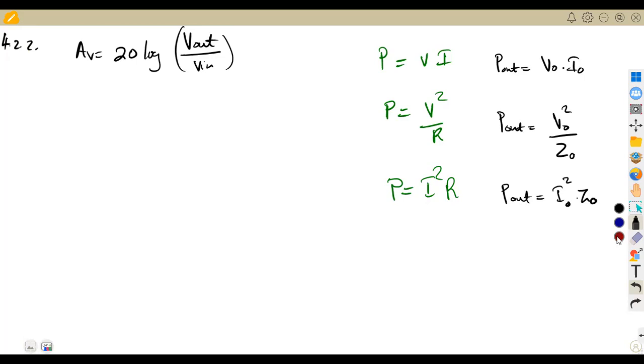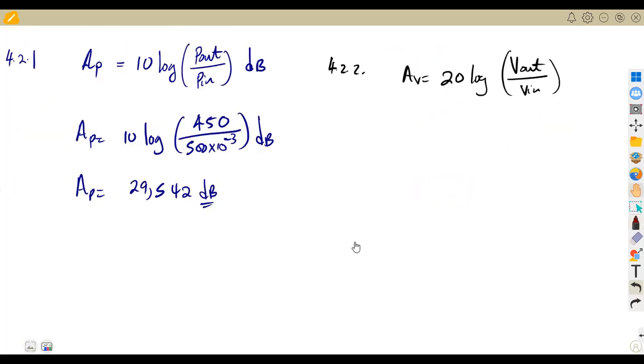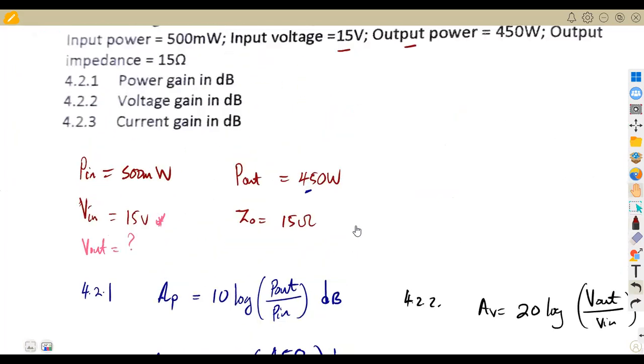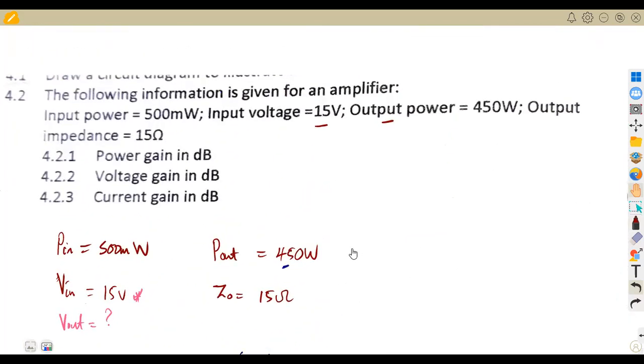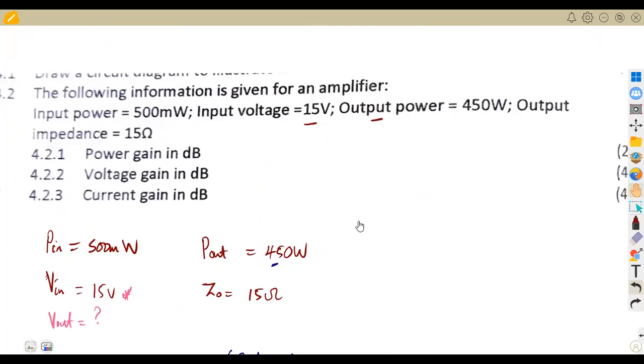So the question is, what are we given? We have got three formulas that you can use to calculate power. When I am given power and impedance, which is the best formula that I can use in order to determine V out?